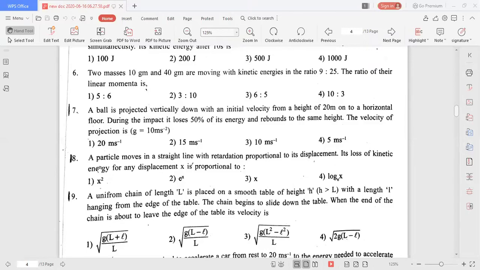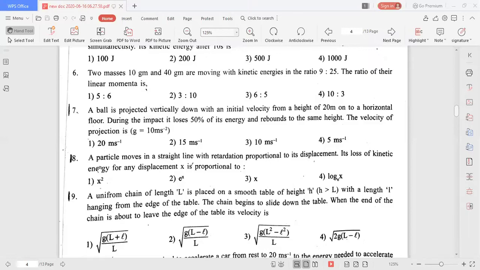A uniform chain of length L is placed on a smooth table of height h, h greater than L, with a length l hanging from the edge of the table. The chain begins to slide down the table. When the end of the chain is about to leave the edge of the table, then its velocity is dash.